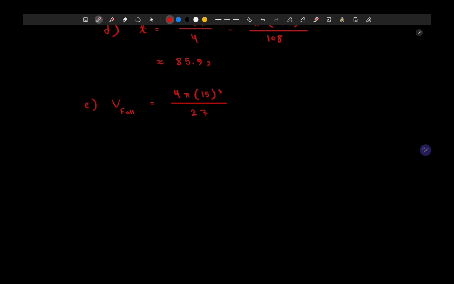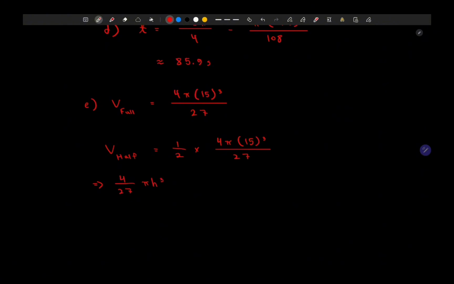Now we need to find out the half volume. We know that V half will be equal to half of the full volume, that is half times 4 pi 15 cubed over 27. And we can also write this volume as 4 over 27 pi h cubed.